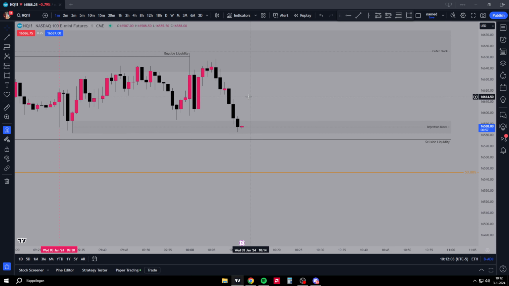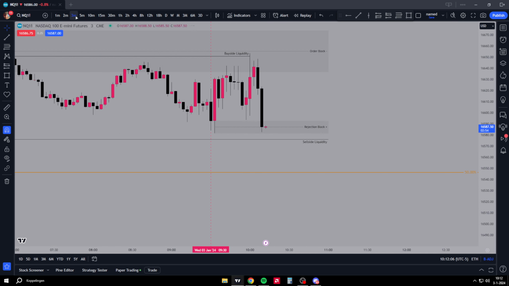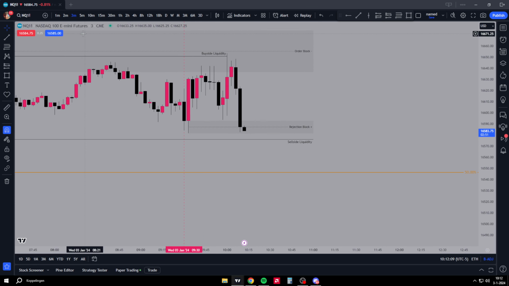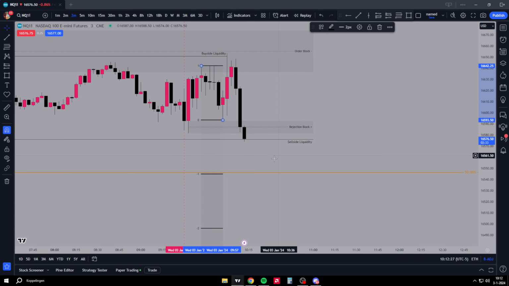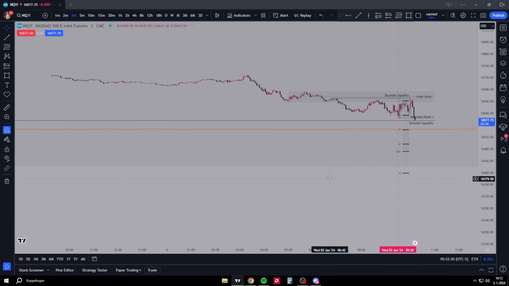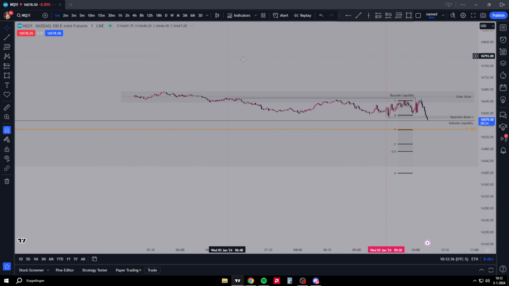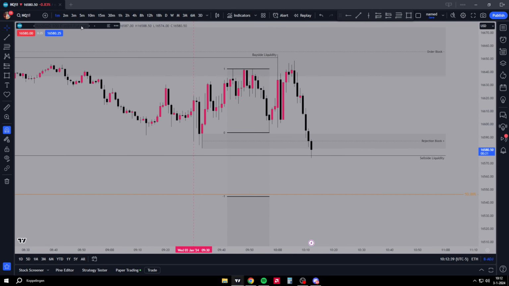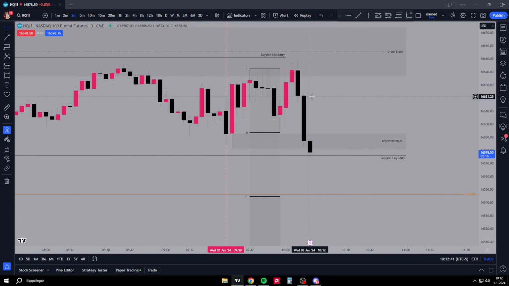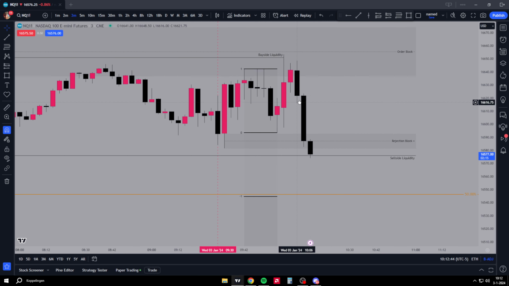Beautiful respect. Anticipatory breaker actually right here. If we close below, you enter. Projection, liquidity. No liquidity, but standard deviation on the 50%. This would be a trade, but yeah, we closed all the way right there.